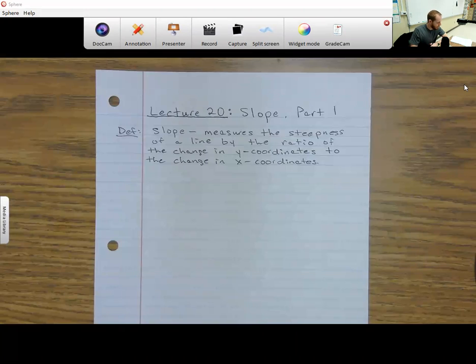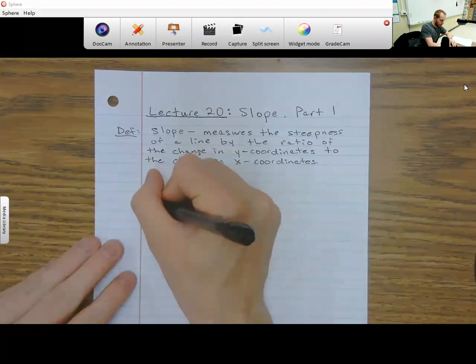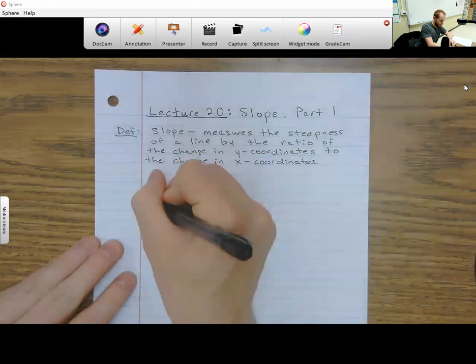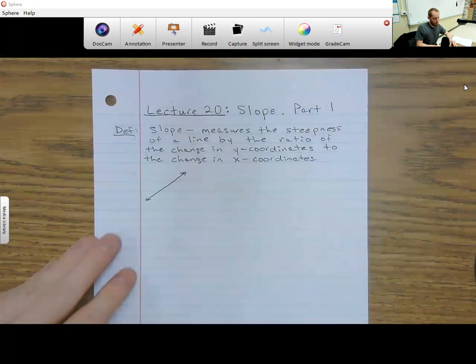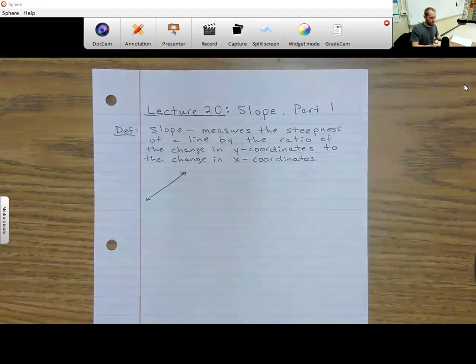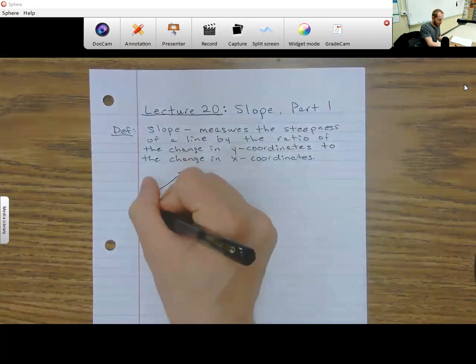So there's a couple ways you can think about it, right? You could have a line that goes upwards from left to right. It would look like this. So if a line is going up, we call that a positive slope.